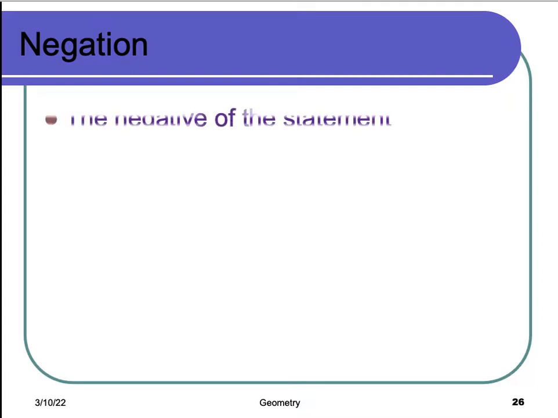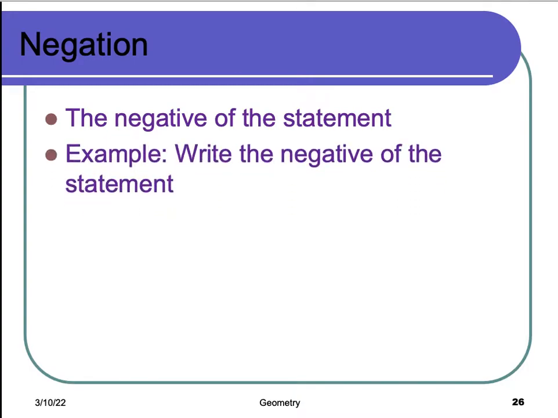Negation: the negative of the statement. Example, write the negative of the statement: angle A is acute. I'm simply going to write angle A is not acute.